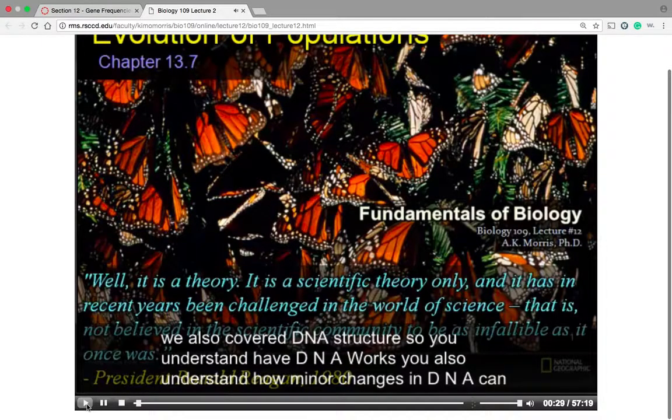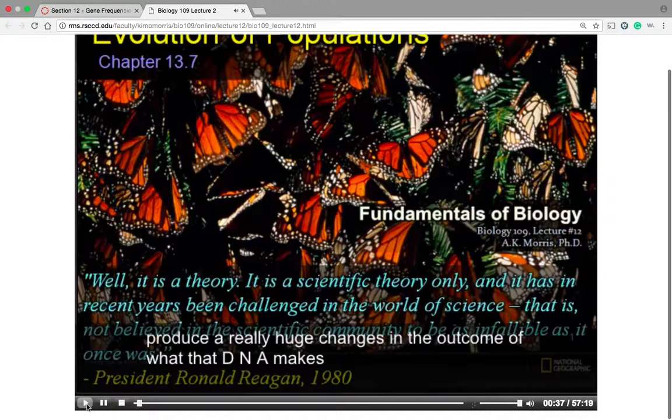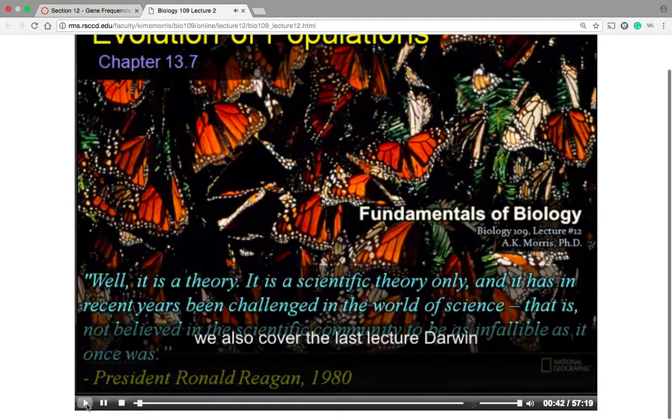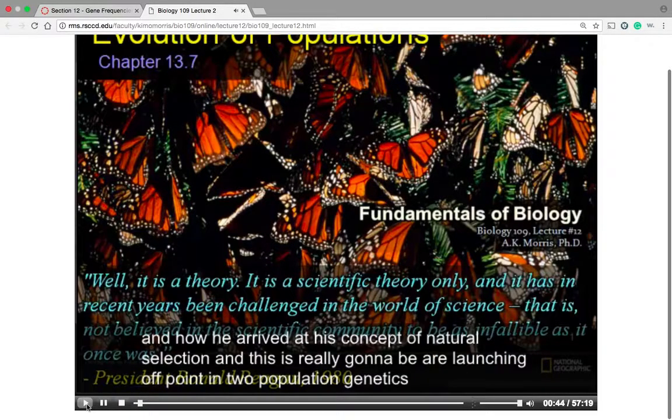We covered DNA structure, so you understand how DNA works. You also understand how minor changes in DNA can produce really huge changes in the outcome of what that DNA makes. We also covered in the last lecture Darwin and how he arrived at his concept of natural selection, and this is really going to be our launching off point into population genetics.